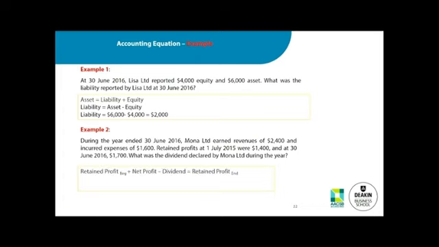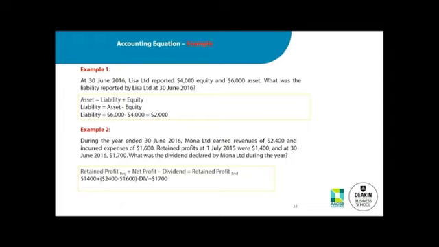All right, good. Okay, during the year ended 30th June 2016, Mona Limited earned revenues of $2,400 and incurred expenses of $1,600. Retained profit at 1st of July 2015 was $1,400, and at 30th June 2016, $1,700. What were the dividends declared by Mona Limited during the year?